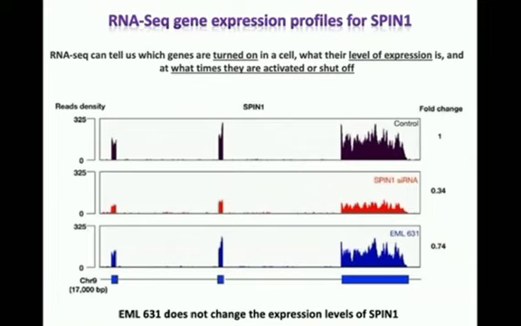So in the untreated control, you can see that Spin1 is expressed normally. What if you introduce a Spin1 siRNA? You can see that the level of expression has decreased markedly, correct? Yes. What about if we treat with EML631? The level is downregulated as well, but decreased, not that much, of course.